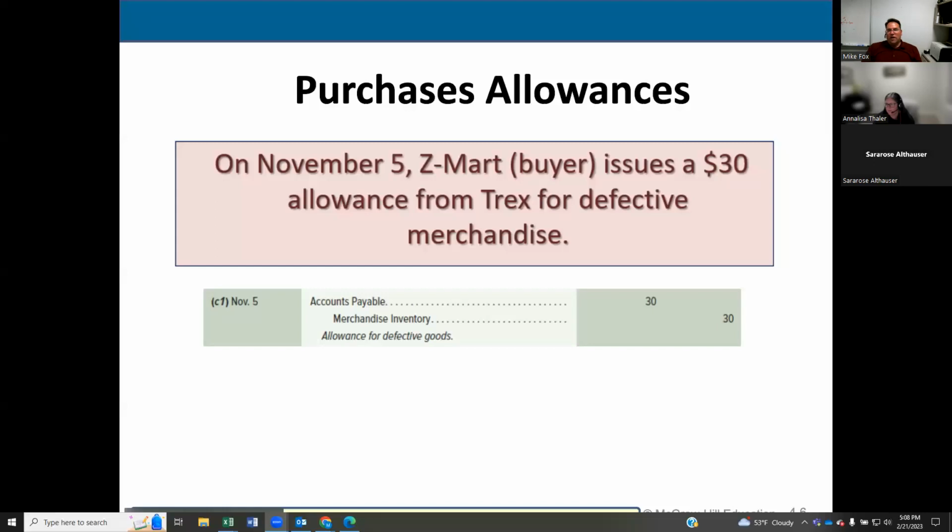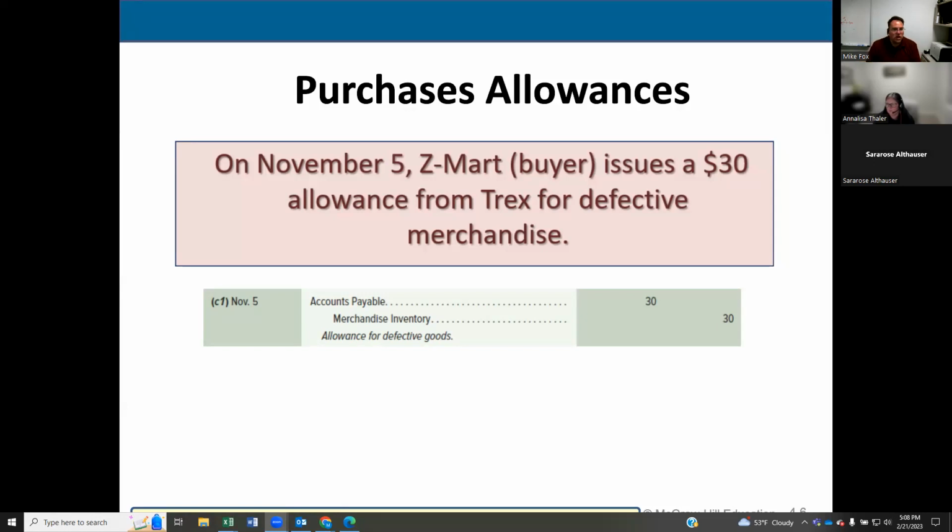Sure. If your brain is like my brain, you tend to think of inventory as a physical good sitting on a shelf. So I think, oh, if it was defective, I'm going to remove that from inventory. Or maybe I would sell it to somebody and let them know it's defective, and sell it at a discount if it wasn't fully defective.